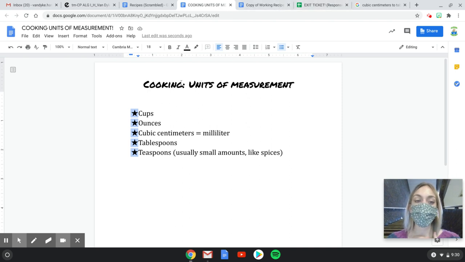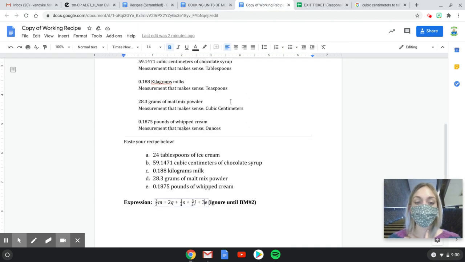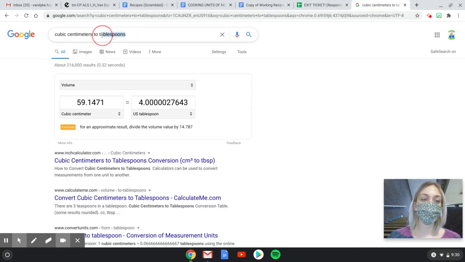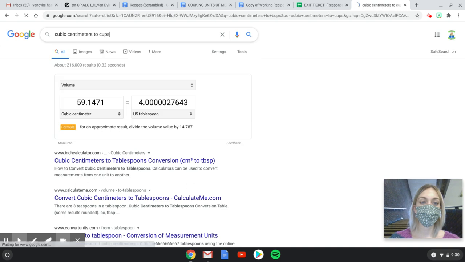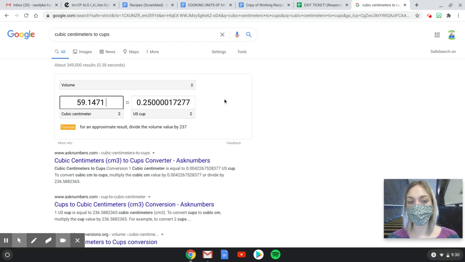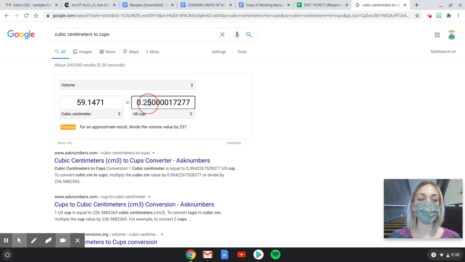Okay, let me try, since cups is the first one, let's try converting cubic centimeters to cups and see what we get. Okay, I'm putting the number of cubic centimeters here, and I get 0.25 with some zeros and some numbers after it. I'm just going to focus on these first two, 0.25.